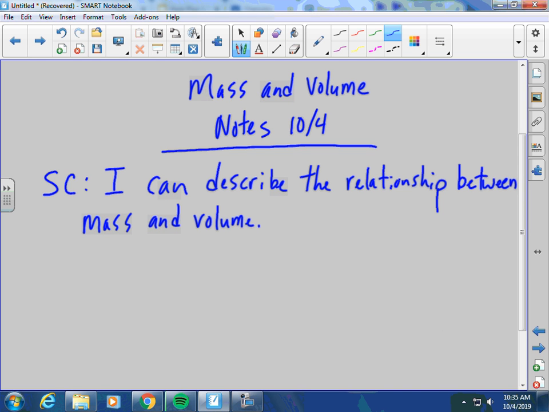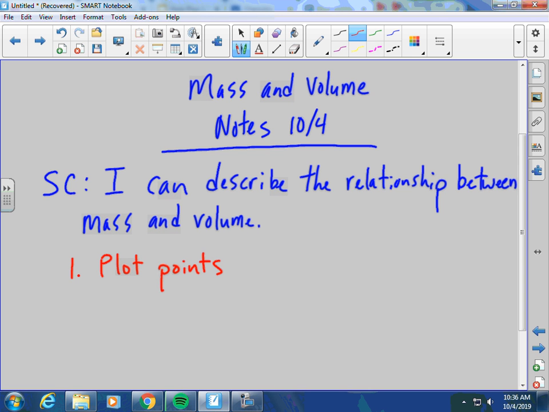So when we do these notes, we're actually going to do them in parts. We're going to write a little bit, and then we're going to do some work on the lab, and then we're going to come back to the notes and write some more. So what we're going to do today is, first of all, step one, we're going to plot our points.